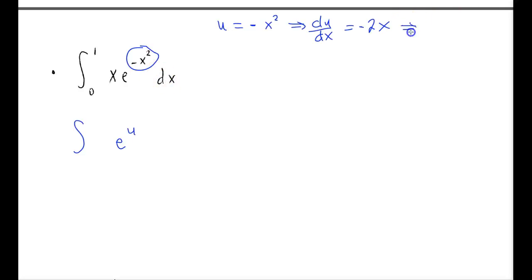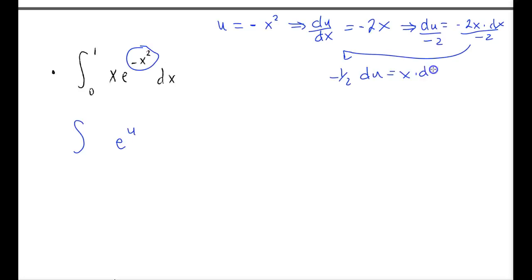So of course, we could come here and multiply both sides by dx, and then after that, divide both sides by -2. And we see that we will end up with a negative 1/2 du is equal to x dx. So here the rest of what we see here will be replaced with negative 1/2 du. Okay?